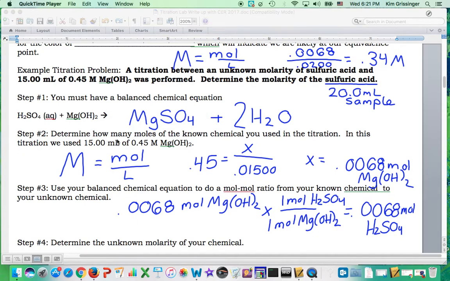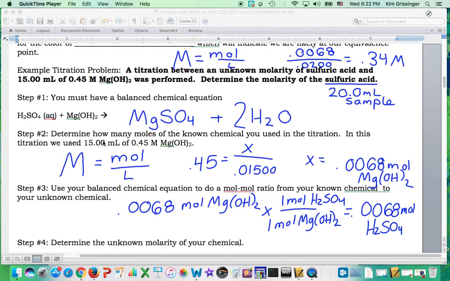Step 2 is you need to figure out how many moles of the known chemical you have. In this case, it's magnesium hydroxide. For the actual lab calculations, it's going to be sodium hydroxide, because that's what we actually used in the lab. We use our molarity equation, and they gave us our molarity, the 0.45 right here. Remember it's moles per liter, so you have to take your milliliters and turn them into liters by dividing by 1,000.